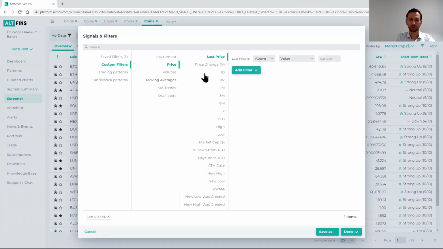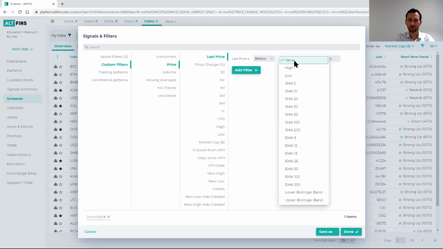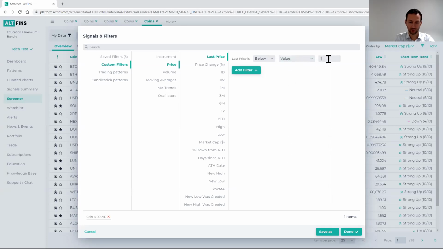And I want to be alerted when the price gets under $1.60, right? Below $1.60, value $1.60. Let's just say, sure, let's get $1.60. Price, I'm sorry, I said above. No, it's below. That's good. All right.